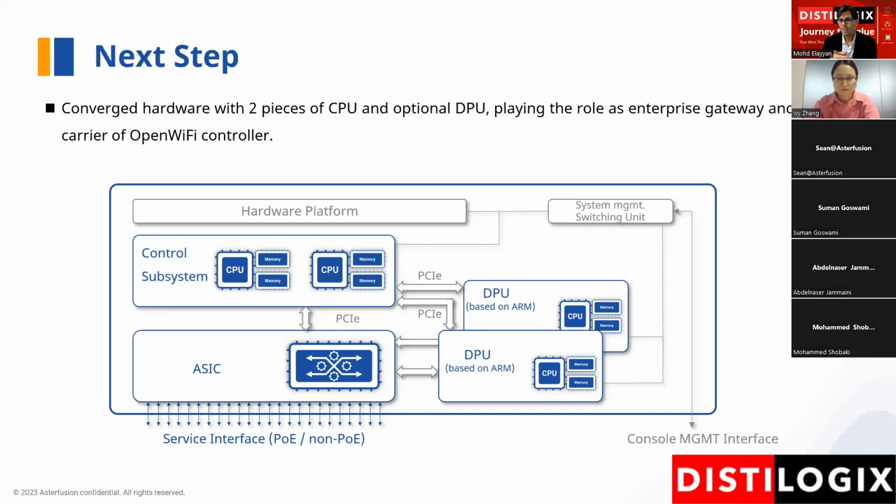That's one. The second thing: Asterfusion is now one of maybe two or three manufacturers in the world that can deliver in 6 to 8 weeks. Not many manufacturers of networking equipment today can deliver in 6 to 8 weeks.